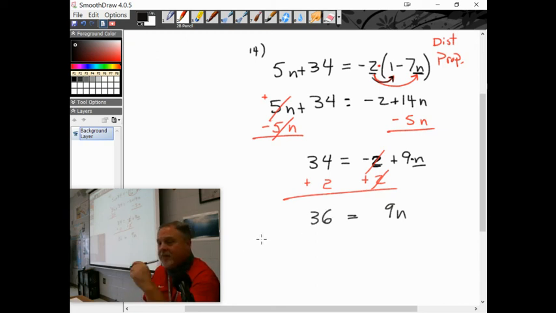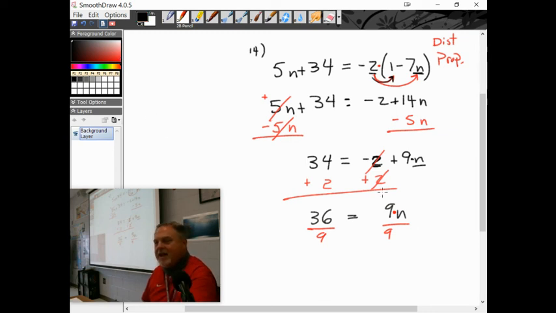Booyah. Okay? Now, the last step is to move that 9 by using the opposite operation. So how is that 9 connected to the n? What did I tell you? If you have a number and a variable and there's nothing else, what do you assume it to be? That's right. And what's the opposite of multiply? Yeah. So we're going to divide both sides by 9, and then we'll have our answer. Okay.